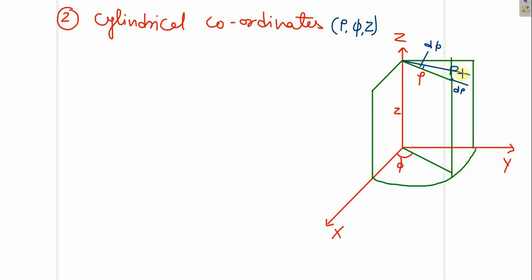Now one surface will be made with all these increments. So one surface I am trying to show you here. So this is one surface which can be made.